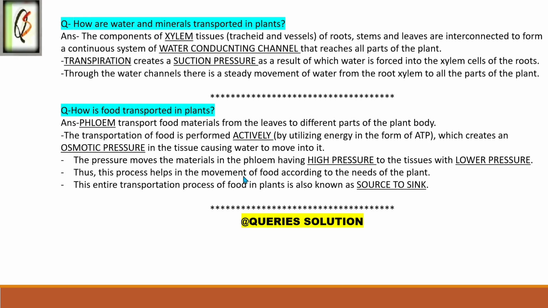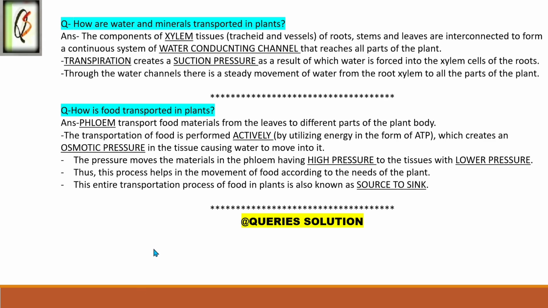Thus, this process helps in the movement of food according to the need of the plant, because wherever there is a need, the pressure would be lesser, and wherever there is the source, the pressure would be higher because the food has been actively loaded there. And as I said, this process will keep on repeating, and based on the source to sink theory, the food will be transported via phloem in the plant body.